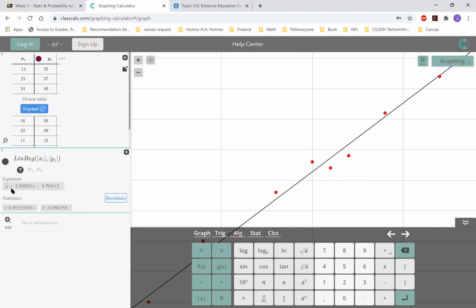All right. So if you look right here, you see it says y hat is equal to 2.25 minus 8.76. So that's our equation for our data set. So you can double check this with what we got, and you can see it's pretty close.